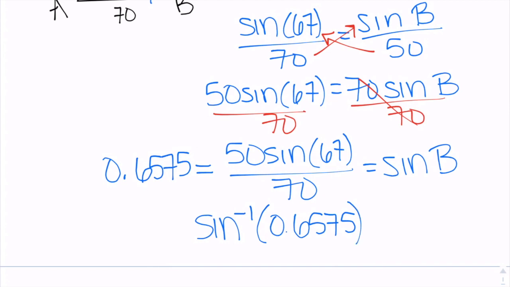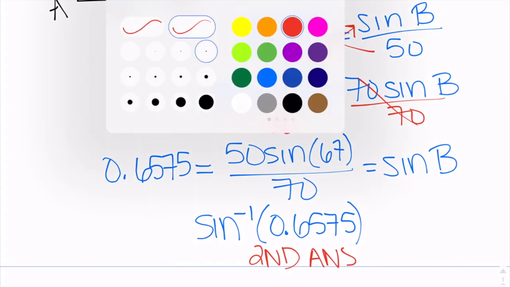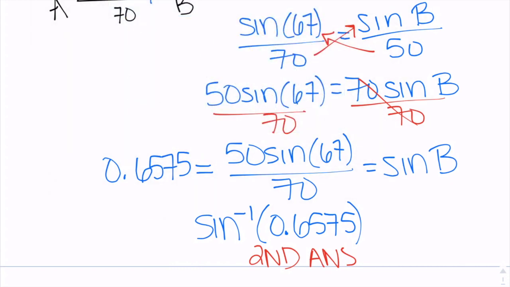And now try not to round anything, so you really want to use the operation second answer in order to insert your previous answer on your calculator into the parentheses, because if we start rounding, we get rounding error and our answers end up wrong and way off.